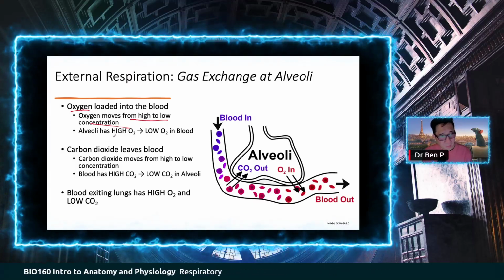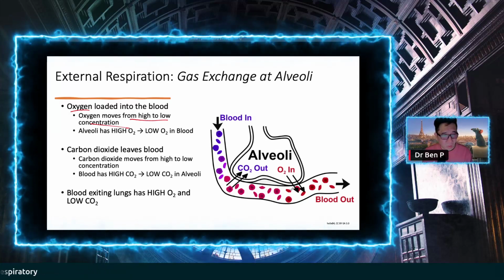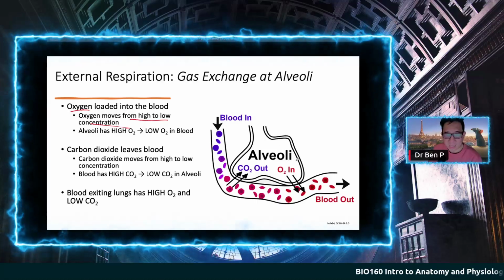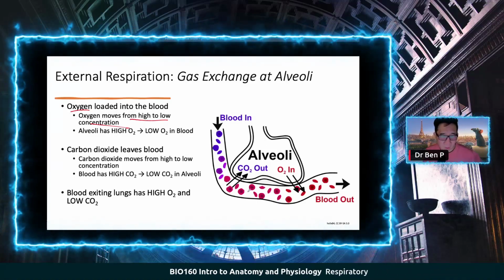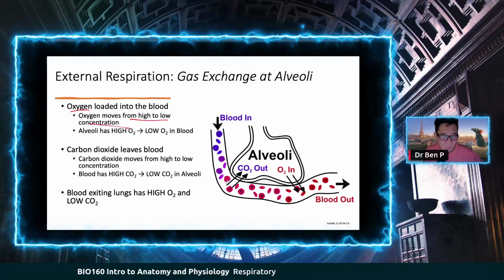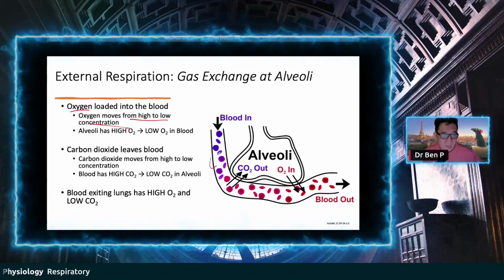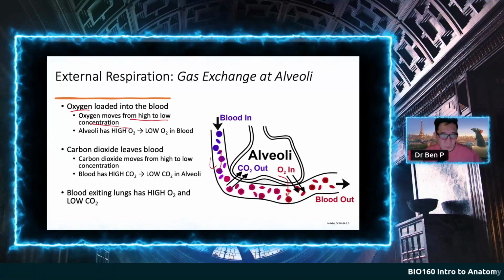So your alveoli has a high O2. It's going from the high O2 inside right here, and then you have low O2 in the blood, especially in this blood right here, your venous blood, your deoxygenated blood. So you have low O2, so the oxygen would just go in.